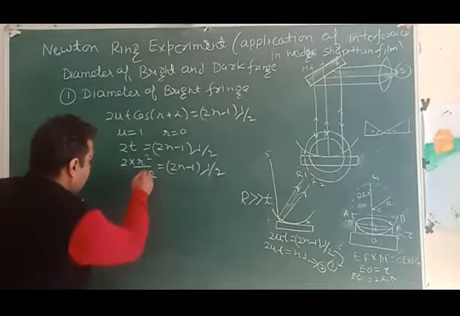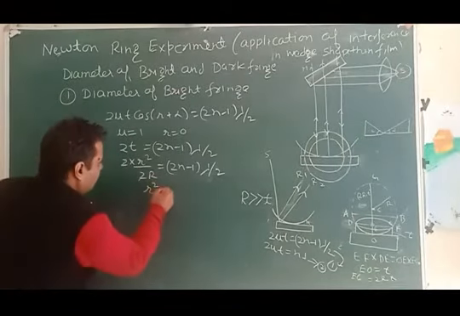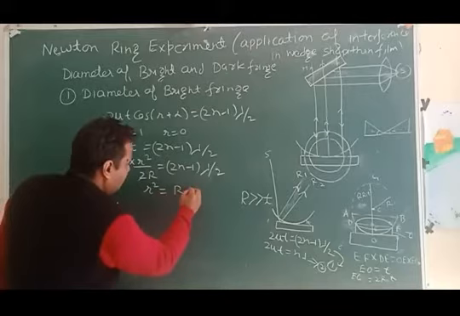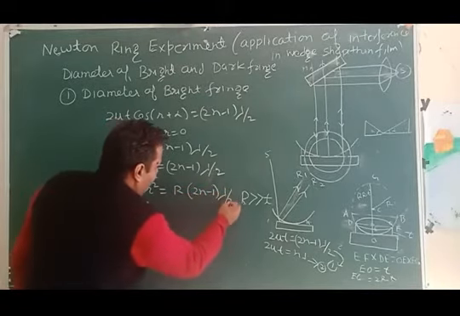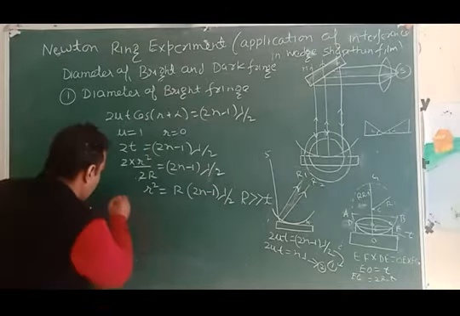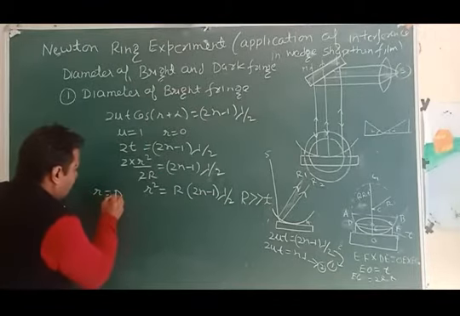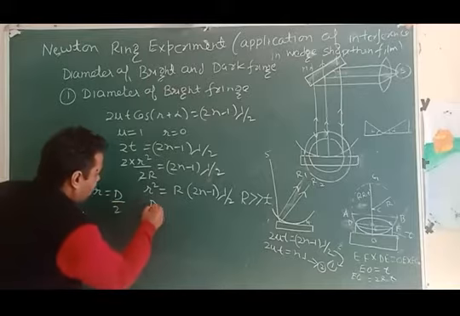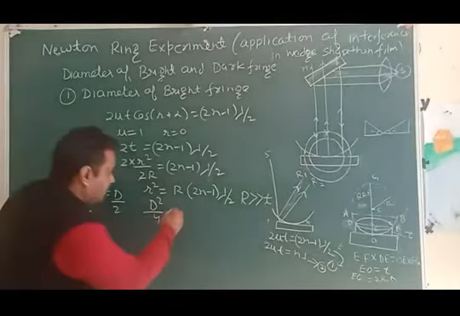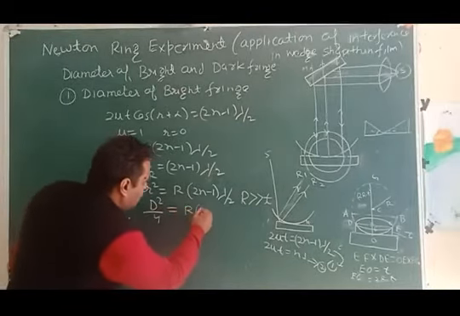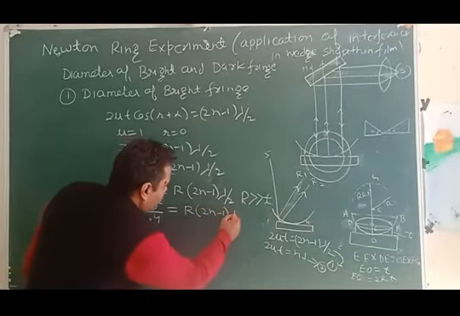Now r square is equal to R times (2n minus 1) lambda by 2. Now replace r with D by 2, so D square upon 4 is R times (2n minus 1) lambda by 2.